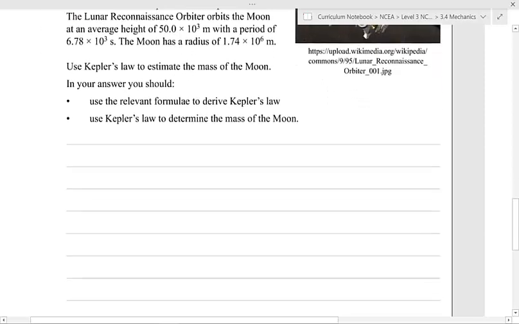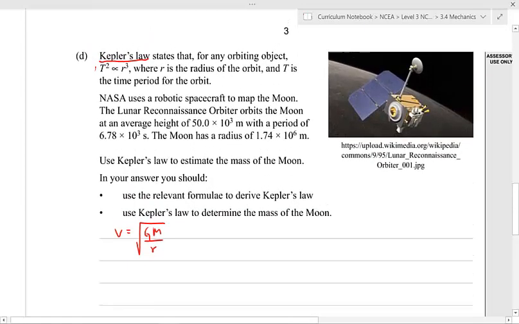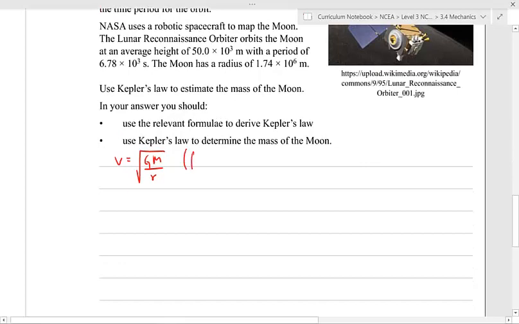Okay, so to derive it, we'll use the derivation we've already done, which was that v is equal to the square root of GM over r, and that's from question C. And the fact that for anything moving in a circle, v is 2 pi r over T. So if we make these two things equal, we get the square root of GM over r is equal to 2 pi r over T.